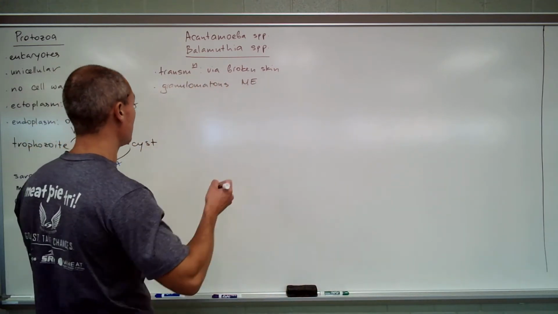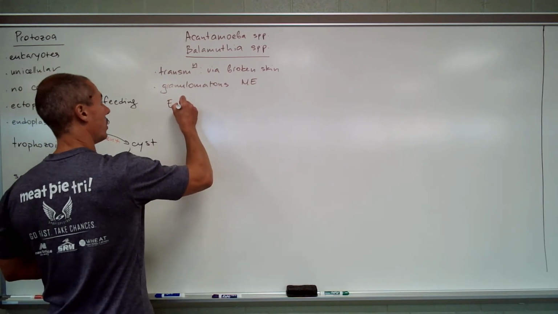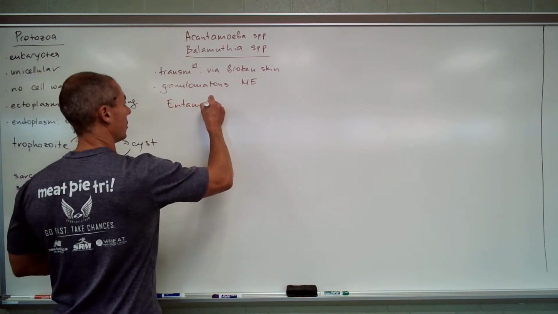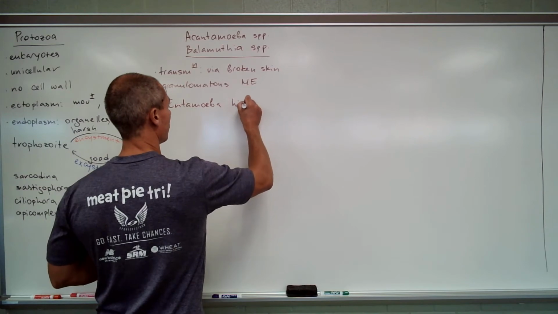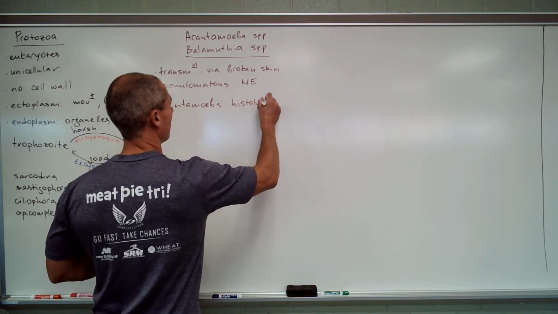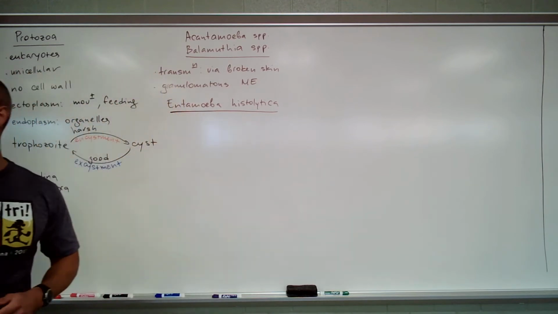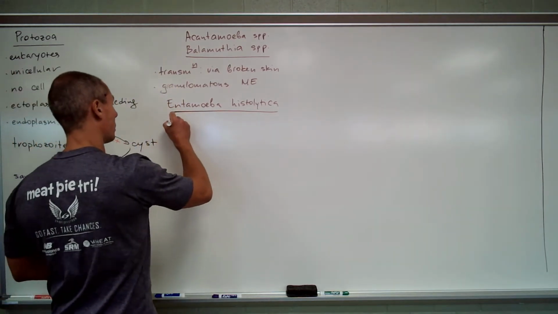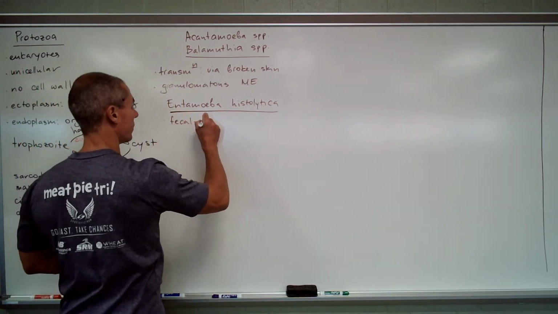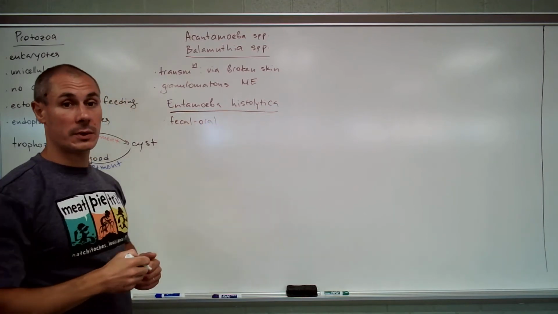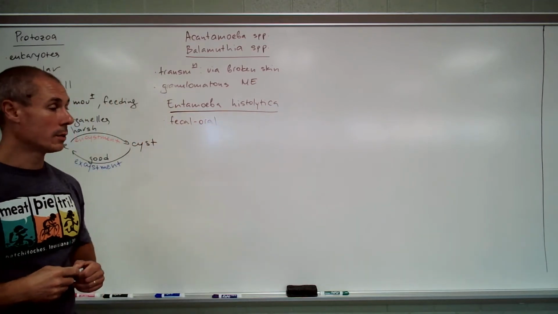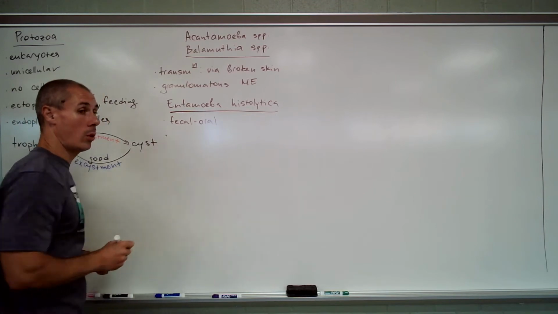Okay, now, this is more of an exotic disease, to some extent. Now, infection with Entamoeba histolytica is not. The name histolytica kind of tells you what's going on. This is a fecal-oral transmitted infection. So consumption of contaminated food or water results in infection of the colon.